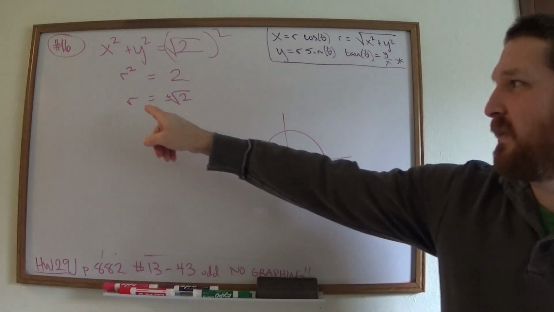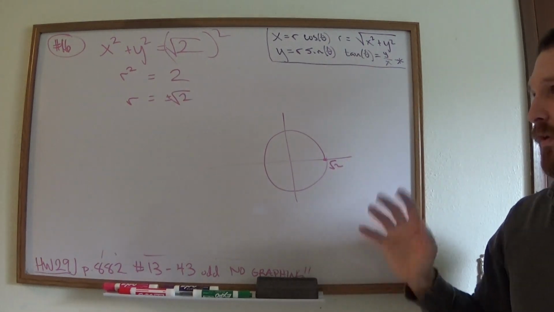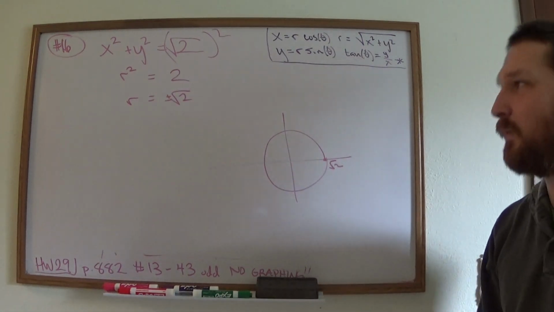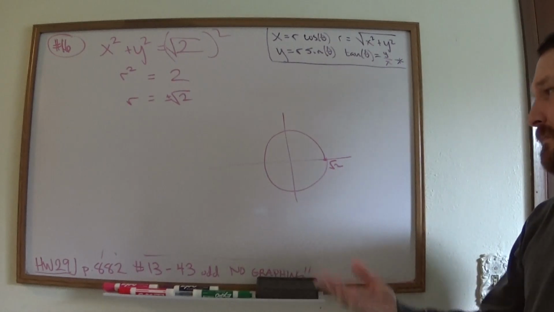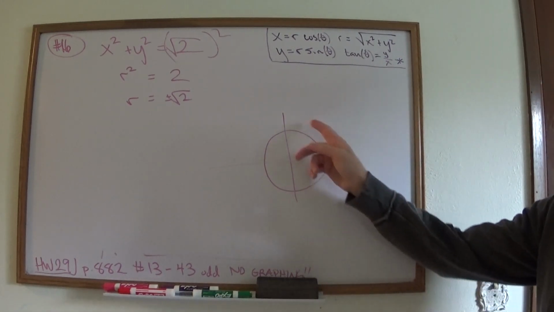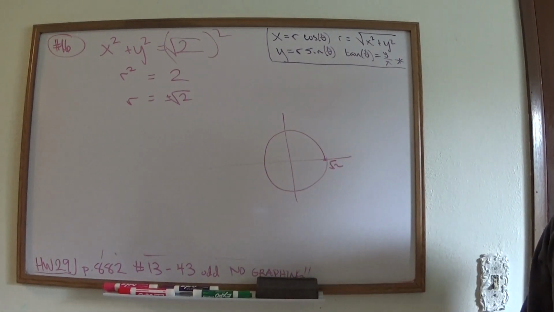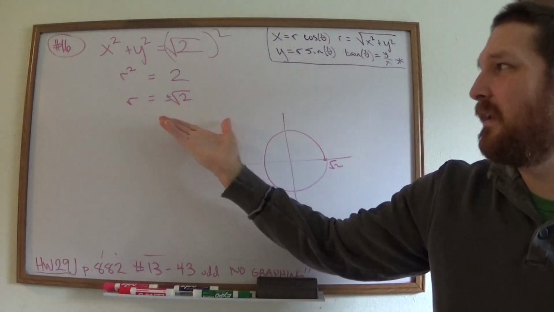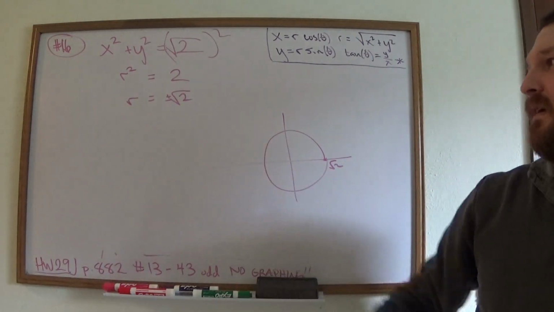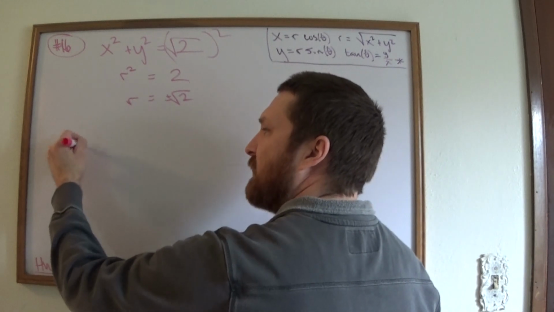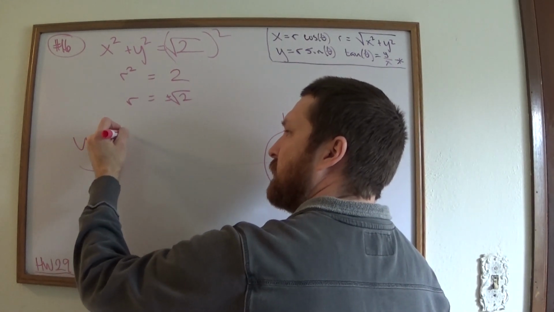But if I just told you here's a polar graph, the radius is equal to root 2, you'd say, well, that would be the set of all points whose radius is equal to root 2, because as you can see, it doesn't depend on theta. Just like if I told you to graph y equals 2.